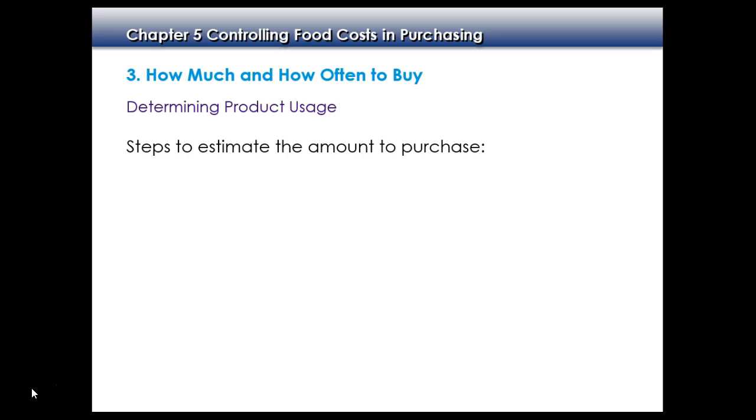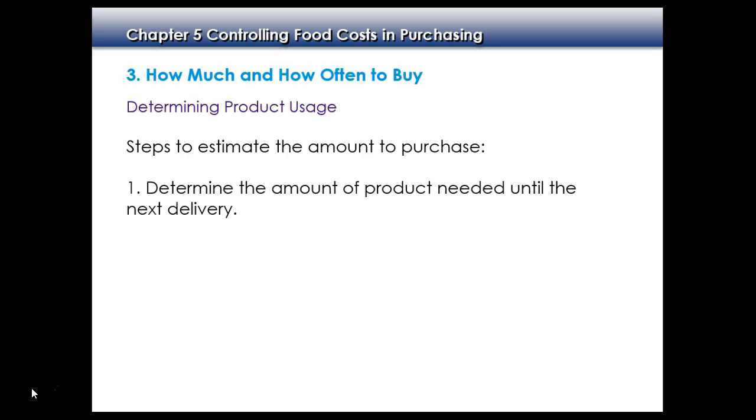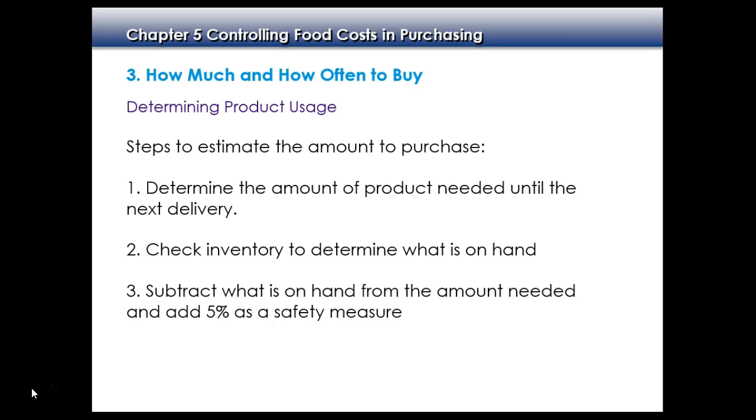So there are some steps to estimate the amount to purchase. You need to determine the amount of product that's needed till the next delivery. You want to check inventory to determine what you have on hand. So you physically go look, check the shelves, check your walk-ins for what you have. Subtract what is on hand from the amount needed.